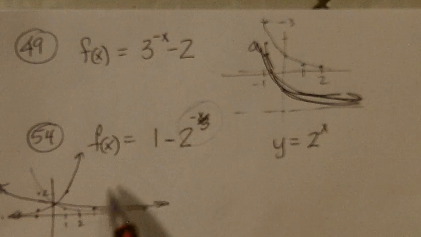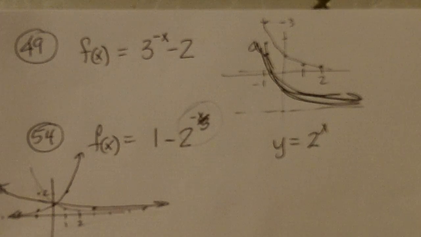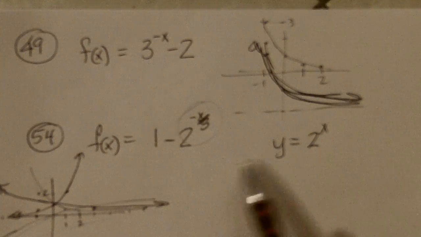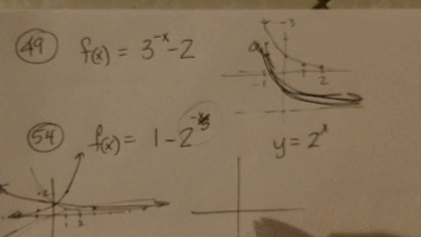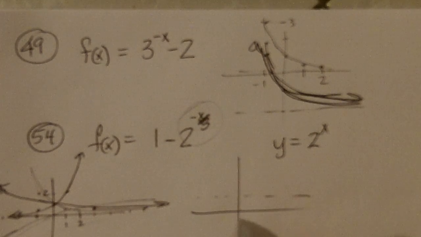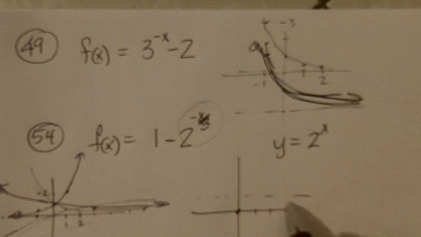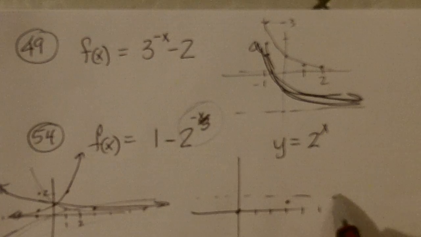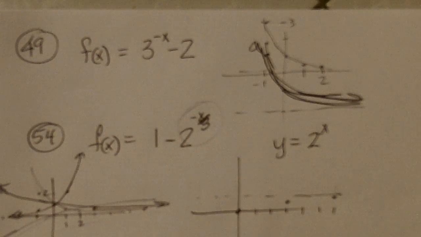And then we got to move it up 1. So it's going to go stretched out, look right there. So the asymptote would be moved up to 1. It would go through 0. And at 3 over, it'd be at a half. At 6 over, it'd be at a quarter away from the asymptote.